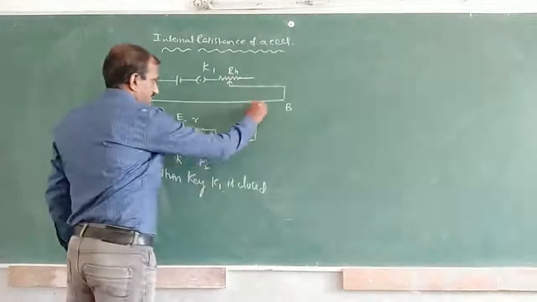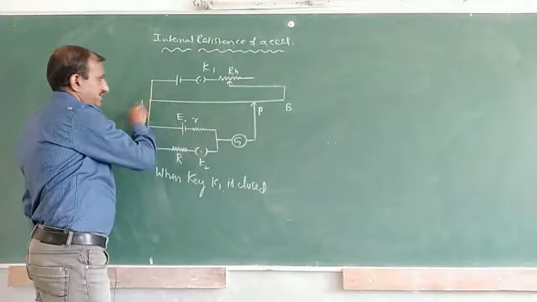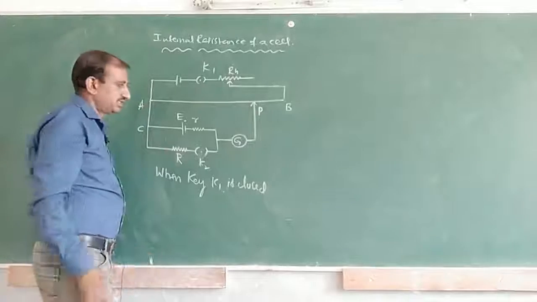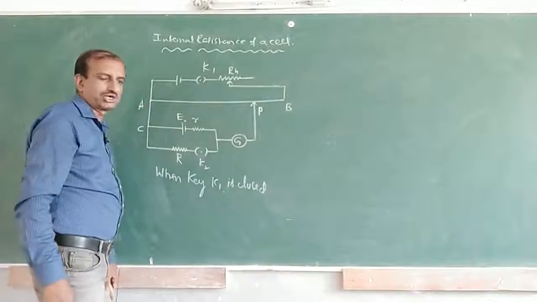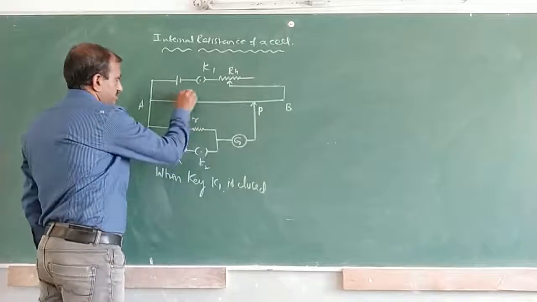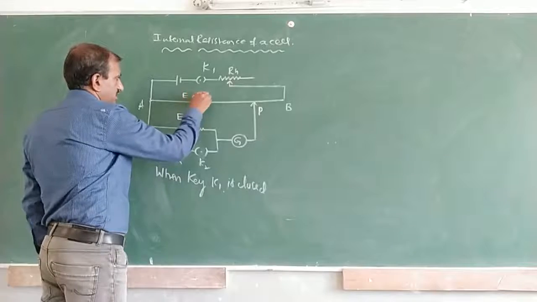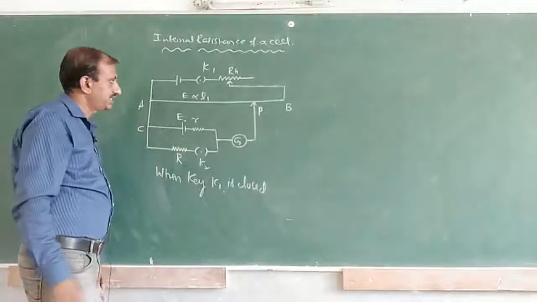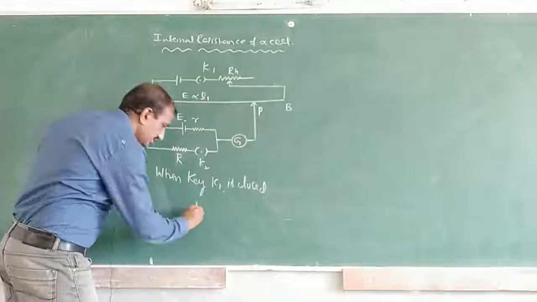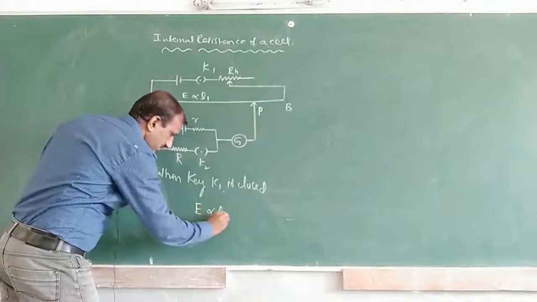Now move the pointer P from point A towards B over the wire till the galvanometer shows 0 deflection. This EMF is directly proportional to the length L1. This gives the EMF of the cell. So EMF E is proportional to the length L1.